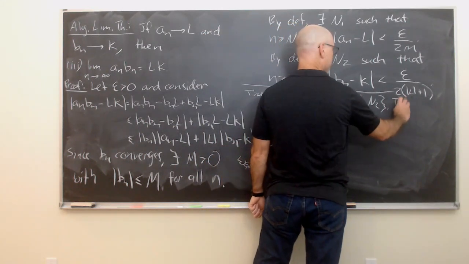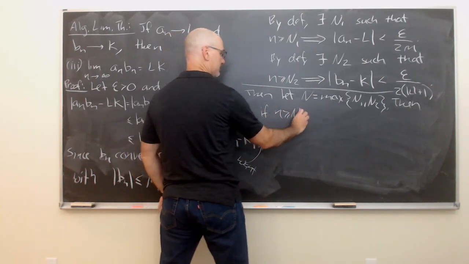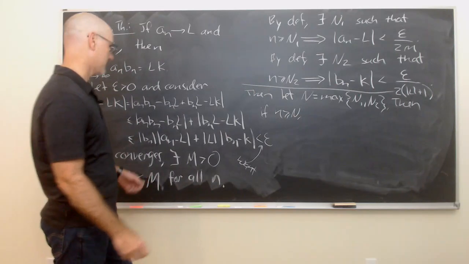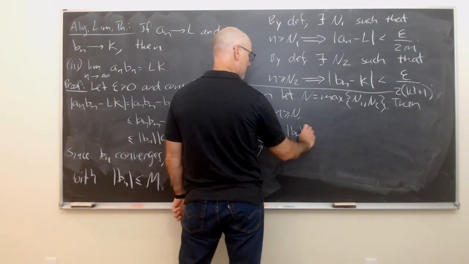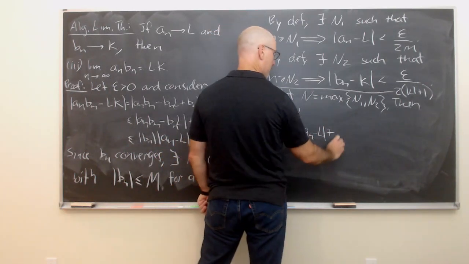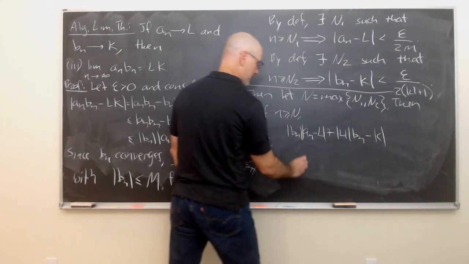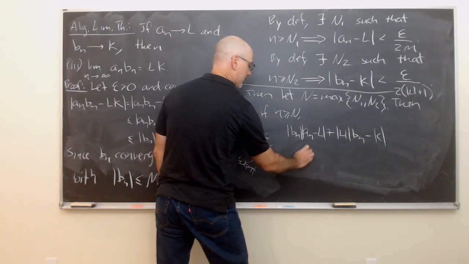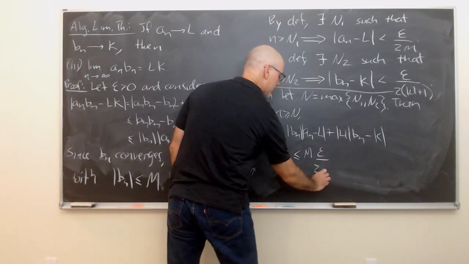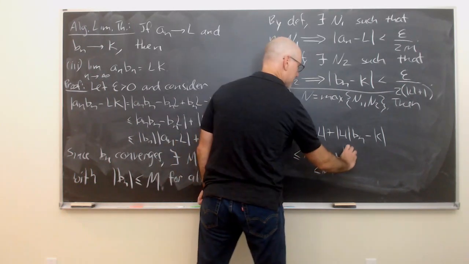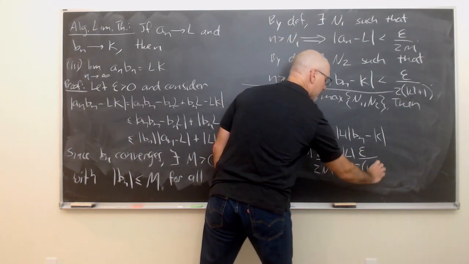All right, so if n is bigger than capital N, then what do I get? I get this absolute Bn times (An minus L) plus absolute L times (Bn minus k). That's going to be less than M times epsilon over 2M plus absolute L times epsilon over 2 times (absolute L plus 1).